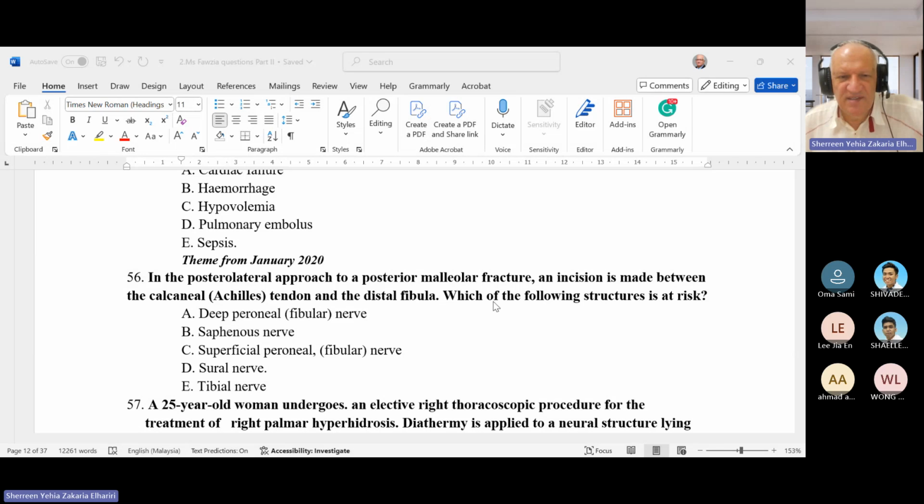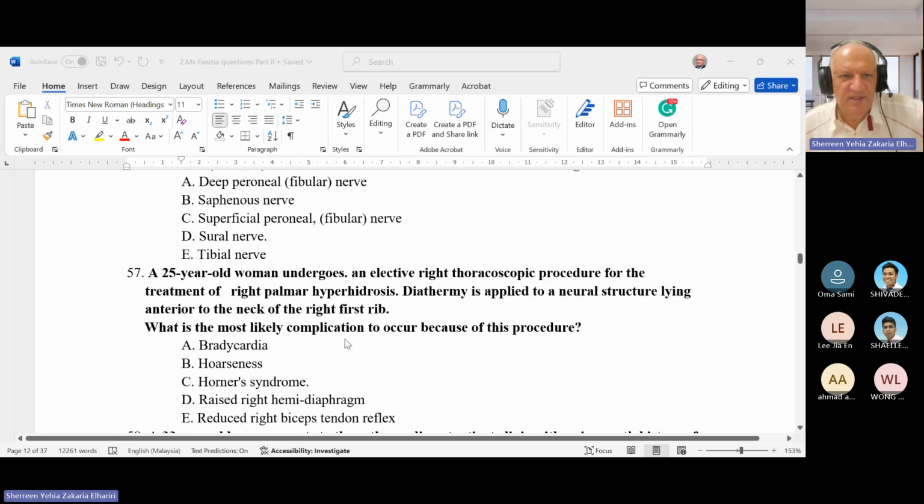Which nerve in this area gives cutaneous nerve supply to the lateral part of the leg and little toe? Sural nerve. Yes, sural nerve. Okay. Of course, the area of the big toe is supplied partially by saphenous and superficial peroneal, but laterally by the sural nerve.